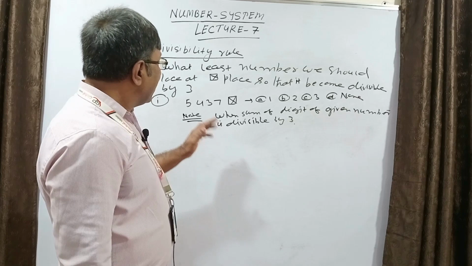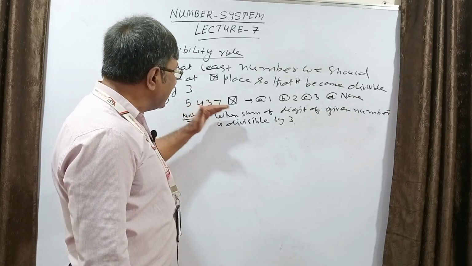Now you see it is given 5, 4, 3, 7, star, 1.